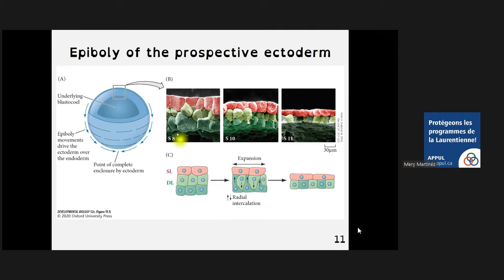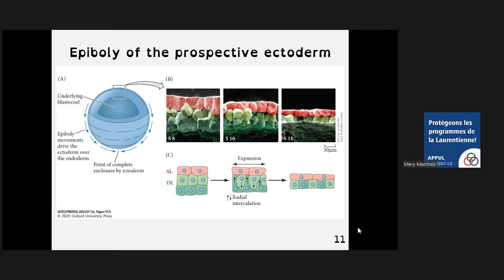So here we see how these ones that were at the bottom now become just underneath as they start stretching and moving. Okay, so time by time we see 3 layers, and now we have a mix of these layers. Okay, so SL stands for superficial layer, and DL stands for deep layer.